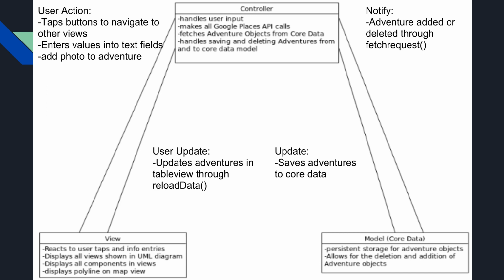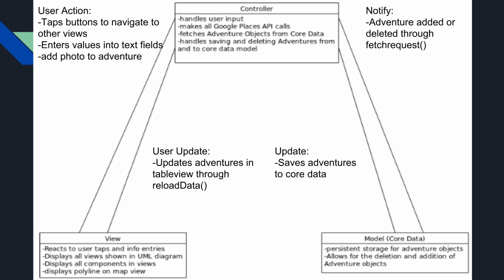So the view communicates with the controller by giving it data that was input or events that were initiated in the view, and the controller can update the view by calling methods such as the reload data method, which would update what the table view looked like after either adding an adventure or removing one.